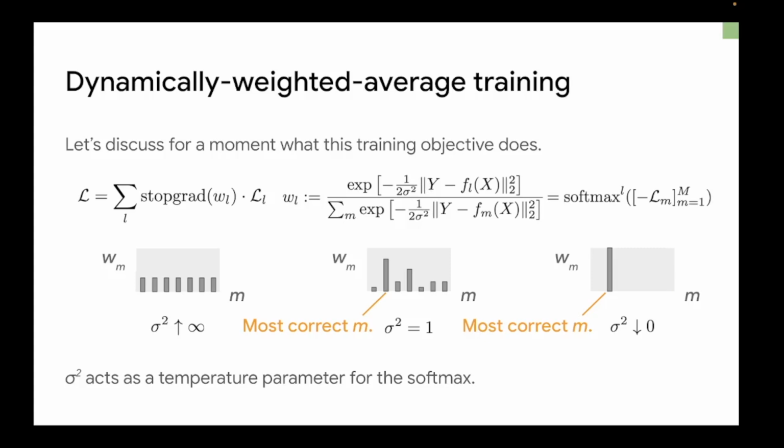Okay, if sigma is very high, then regardless of who's right or wrong, you're still going to train every expert in the same way. In the most extreme case, when sigma is close to 0, then you're really going to pick one expert who's correct and then only train that one and just forget about everything else.